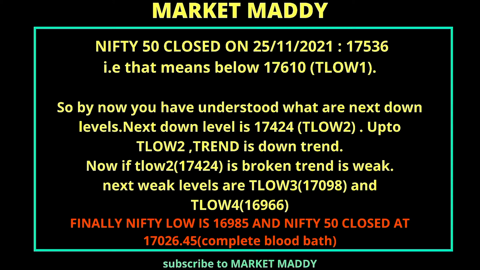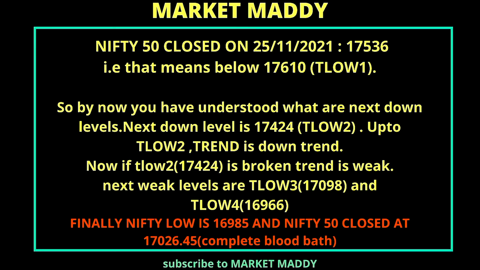And there's no doubt tomorrow or the day after tomorrow it will go. And what happens if it breaks 16,966? Then it will directly go to 16,480. It is as simple as that. There is nothing to think so seriously about what will happen. If it breaks 16,966, it will directly go to 16,590. Then after that, it will go to 16,480.